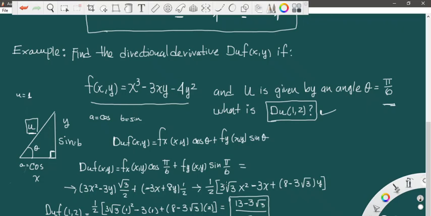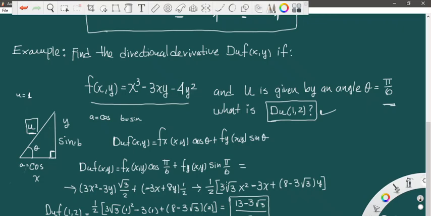But at this time, this is how it's done for the directional derivative of a multivariable function, going not just in the y or x-axis direction, but in any angle that is giving the direction to this vector, in this case the vector u.